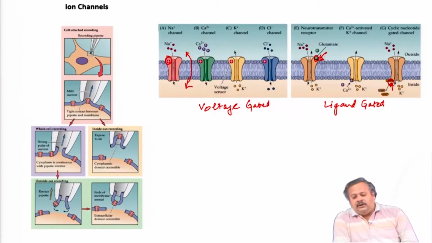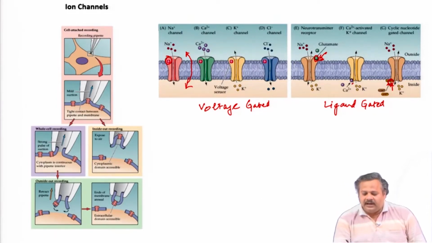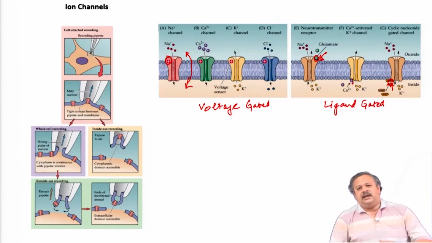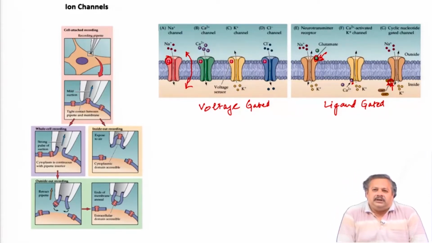And similarly, in other cases we will see some cyclic nucleotide gated channels, present, let us say, in the retina and so on. They have a binding site for cyclic GMP in this case, or calcium in this case, on the inside of the neuron. When, in a similar manner, calcium or the cyclic nucleotide binds to the binding site, these ion channels open.